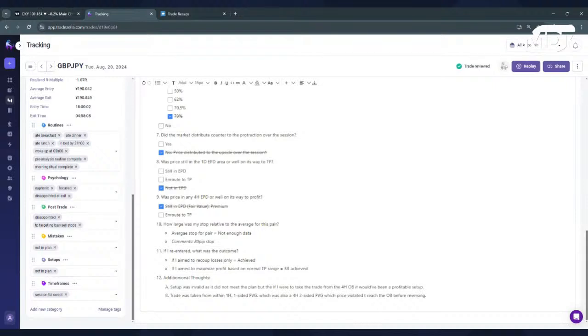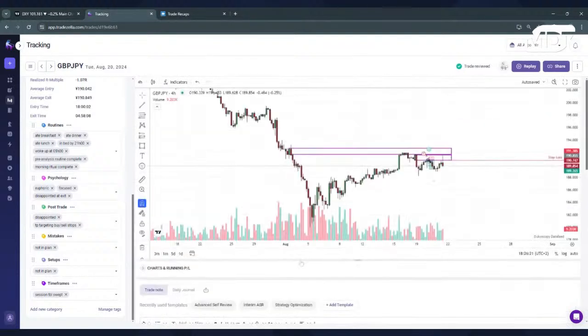The 0.5% at 2R is then a full 1% gain, so I would have basically broken even on that pair or position, or move. That would be a more constrained or conservative TP because I'm just trying to get back to break even. And then the second scenario is if I aim to maximize profit based on a normal TP range, where I would normally set my take profit, then what would the outcome be?